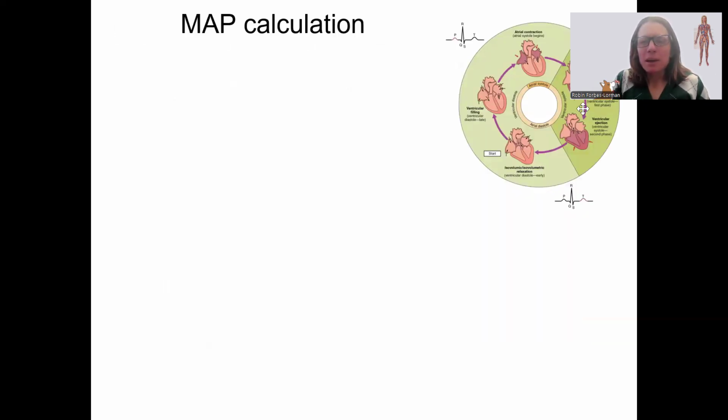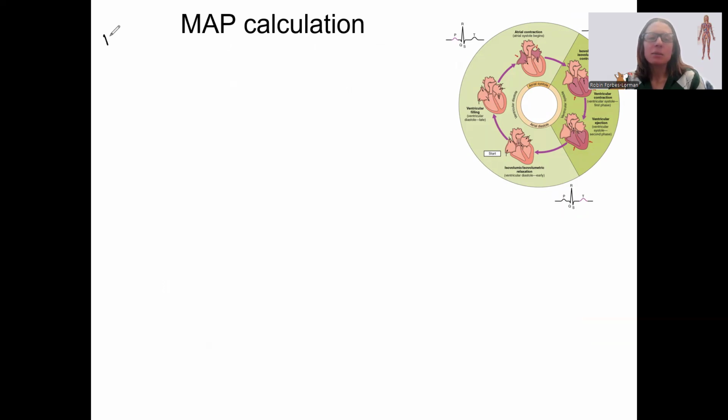So for the MAP, mean arterial pressure calculation, actually calculating this in a living organism, let's say we have a person who's 120 over 80 is what we calculate with the blood pressure cuff. You might think we're just going to add those together and divide by 2. That would be 100 millimeters of mercury. That is not correct. And I want you to use this image over here to think about why.